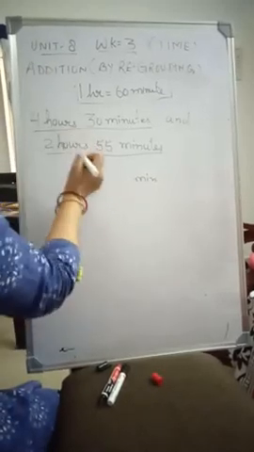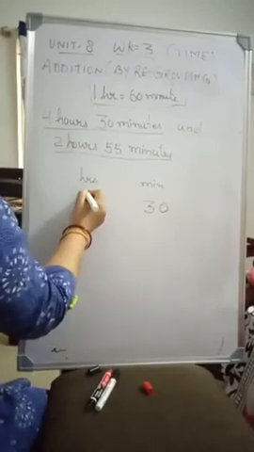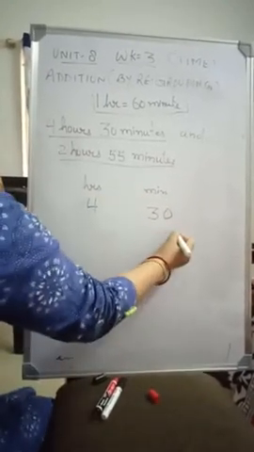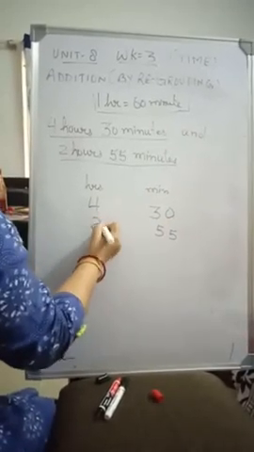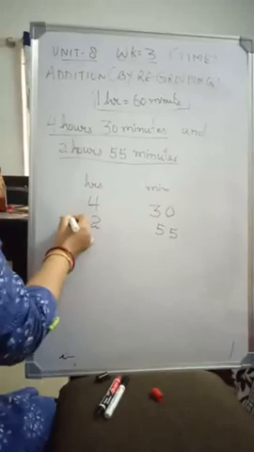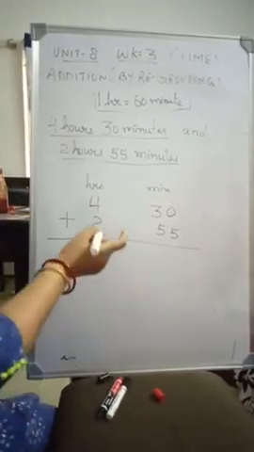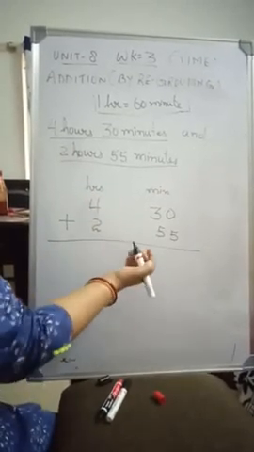So firstly I will write 30 minutes in the minute column and then 4 hours in the hour column, and then below that we will write 55 minutes just below this 30 and 2 hours just below this 4. Now we will put the sign of addition and will start to add. So same as in the case of whole numbers, from which side do you start to add, children?